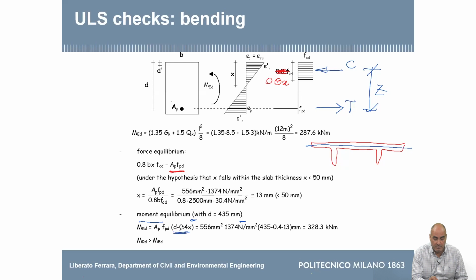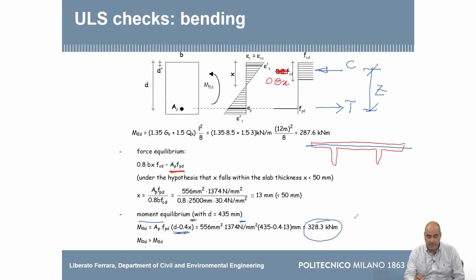And the inner lever arm is this one, d, the effective depth, which is calculated from the centroid of the equivalent position of the tendons, minus, well, if this is 0.8x, the centroid is at half, so it's 0.4x.